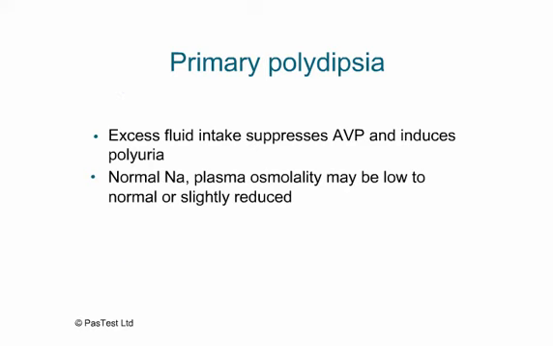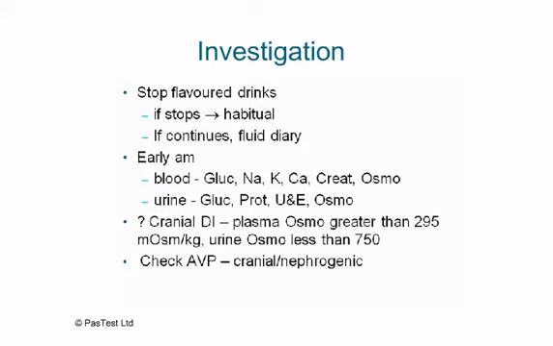To investigate polyuria, you would like to stop excess juice drinking and ask the parents to maintain a fluid diary. An early morning osmolality in the urine and serum may be useful.